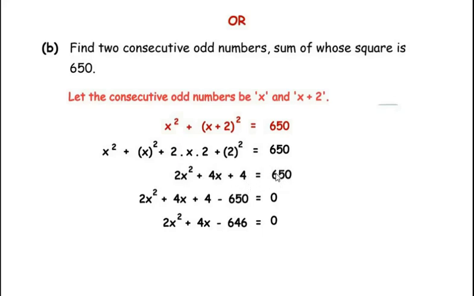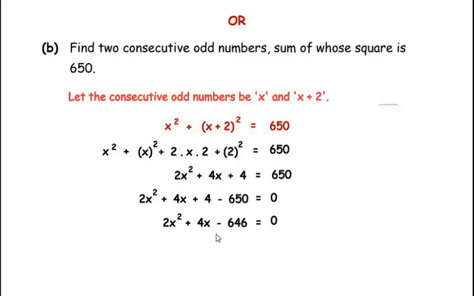Now we take 650 to the other side of the equal sign, giving us 2x square plus 4x plus 4 minus 650 equal to 0. Simplifying, 4 minus 650 gives us minus 646, equal to 0.